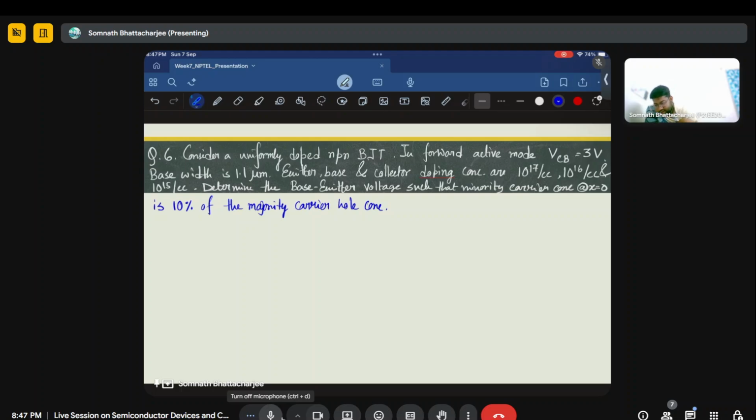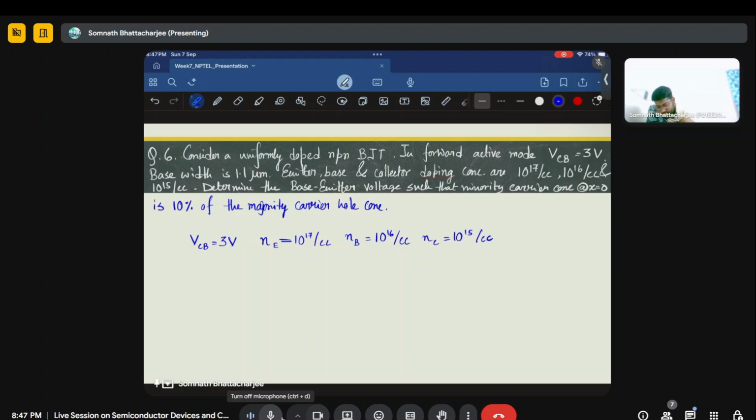I'll just go through the problem as well. They have given the value of VCB, that is 3 volts. The doping concentration of emitter is 10 to the power 17 per cc. Doping concentration of base is 10 to the power 16 per cc, and doping concentration of collector is 10 to the power 15 per cc.